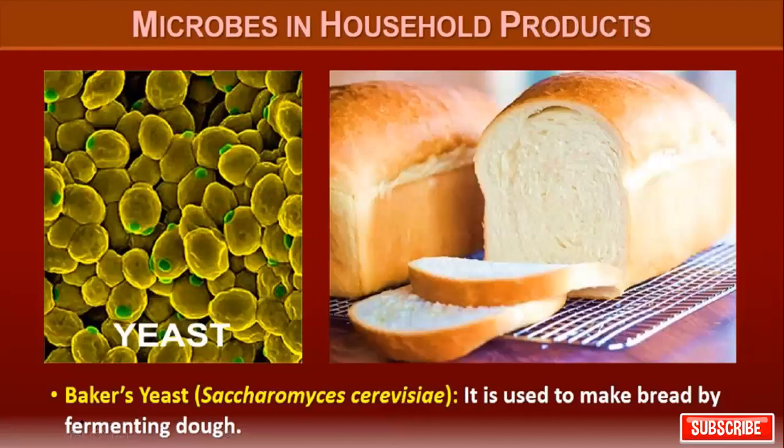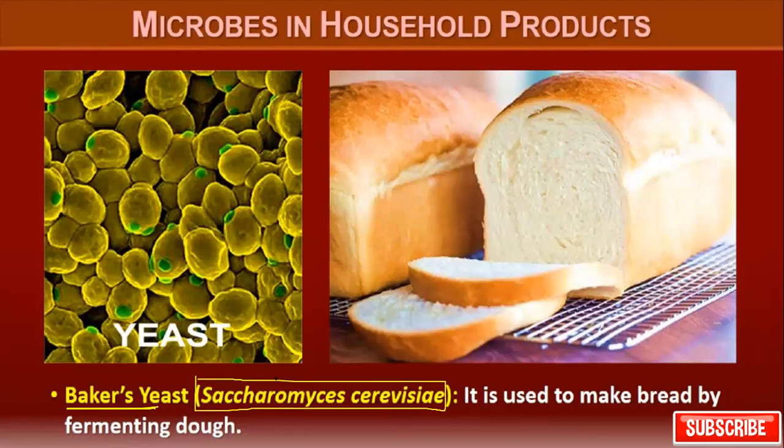Next, one of the important ones is baker's yeast. Another scientific term is Saccharomyces cerevisiae. This is very important. This is the species under Saccharomyces, cerevisiae, which is called baker's yeast. What do you mean by baker's yeast?